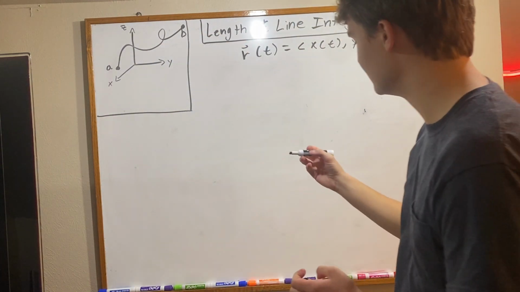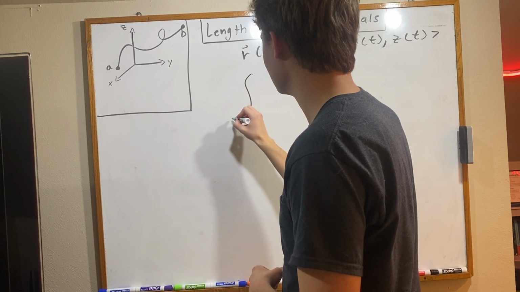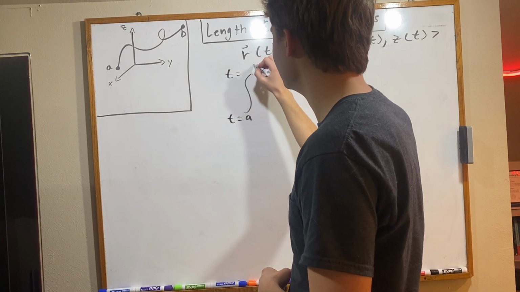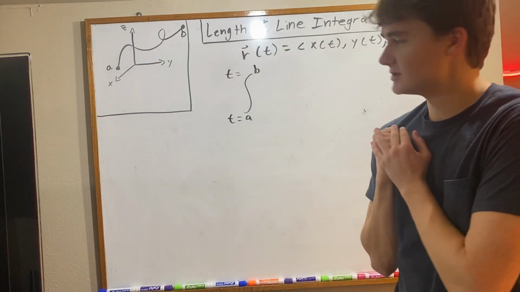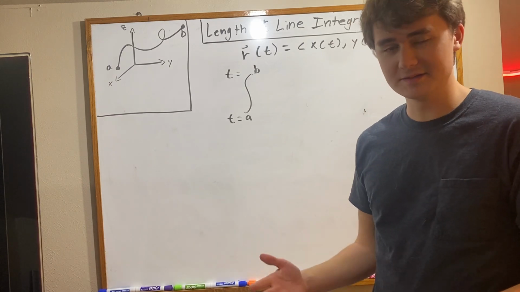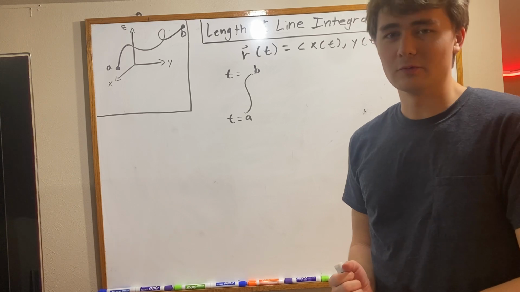How you do that is you take the integral from t at point A to t at point B. And what is the distance? You're trying to find the length. Length is basically just distance, and distance is equal to speed times time. So what is speed?